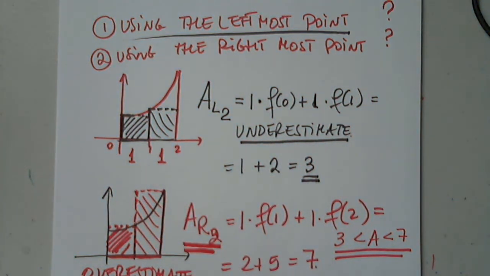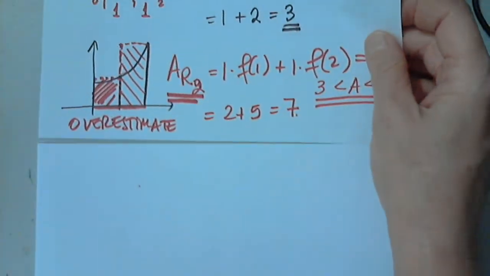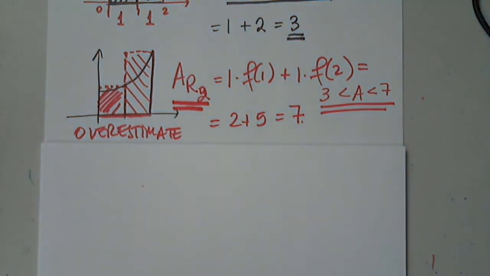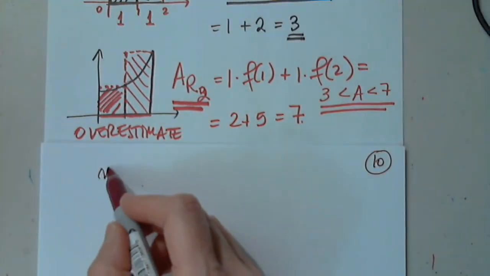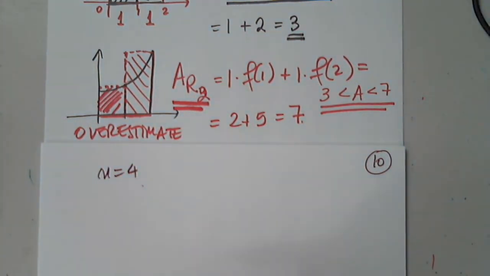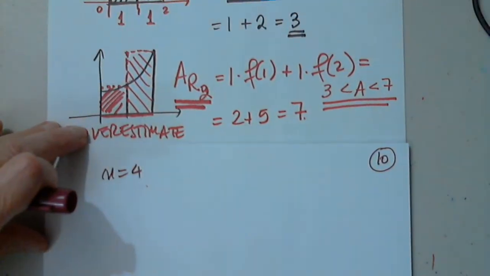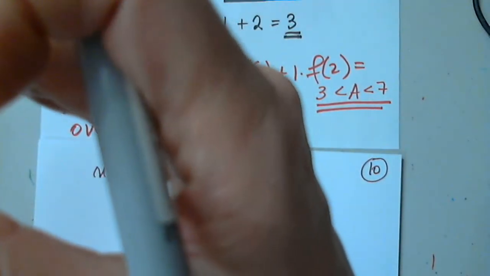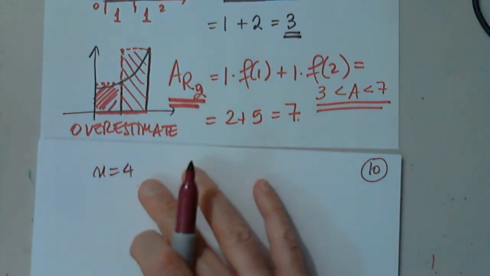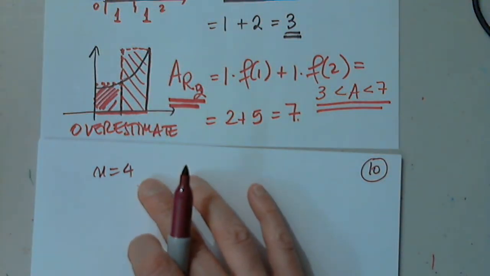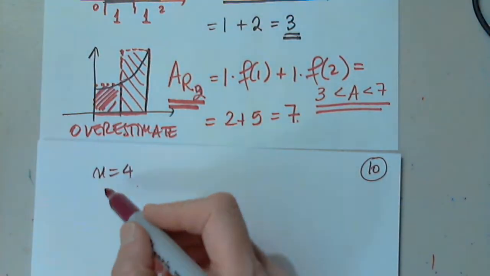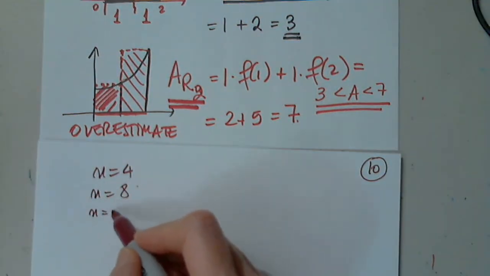Okay? Now, here's a question for you. What if I use 4 subintervals? Will the area be closer to the true exact area? If n is 4, will I get a better estimate? Yes. Of course. What about 8? What about 16?